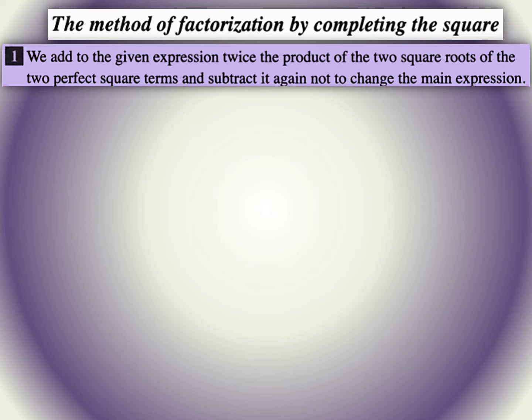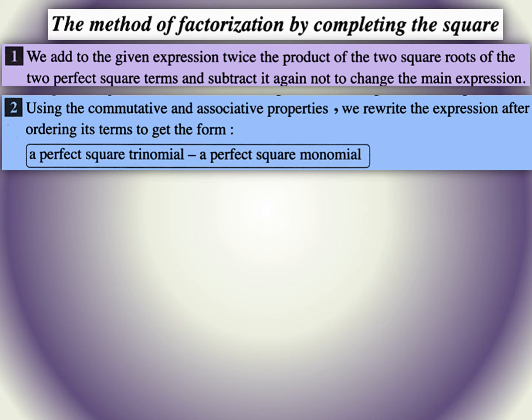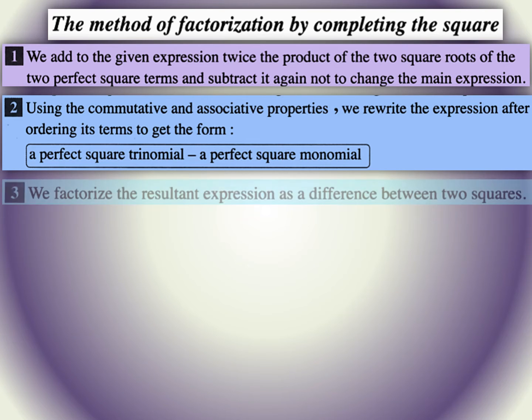Number 2, by using commutative and associative property, we will try to get the main expression in the form of a perfect square trinomial minus a perfect square monomial. Then we will factorize the new expression as difference between two squares. Let's take an example and we will apply these steps on it.